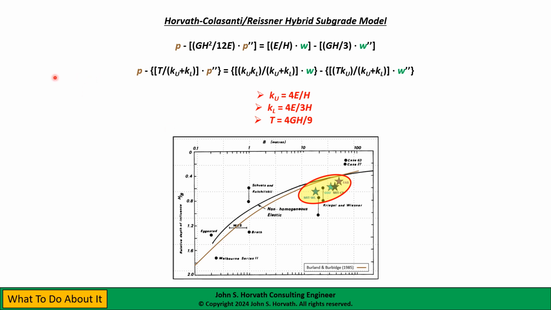So again, I want to strongly emphasize these are not just some research ideas. This hybrid subgrade model is very usable in routine practice. It requires nothing more than the site characterization that every geotechnical engineer uses nowadays, and it requires structural analysis software that every structural engineer uses nowadays.